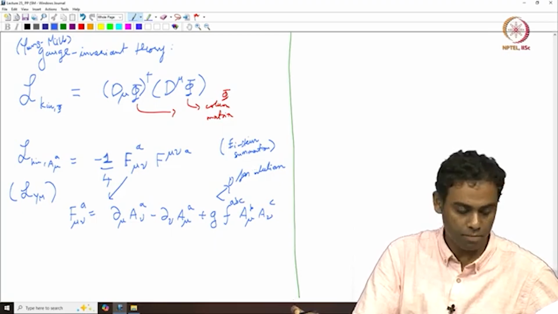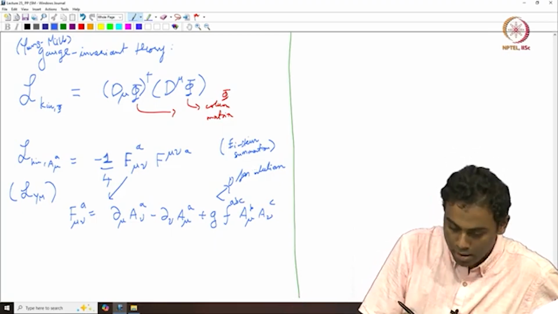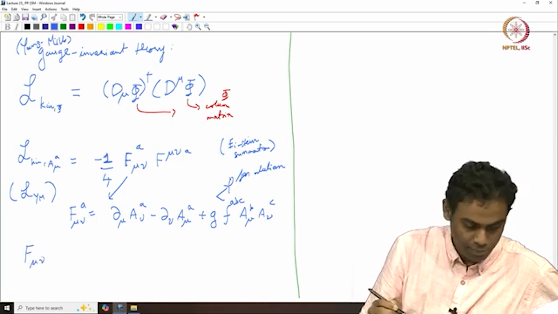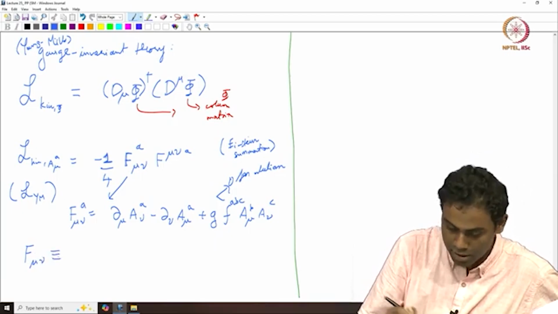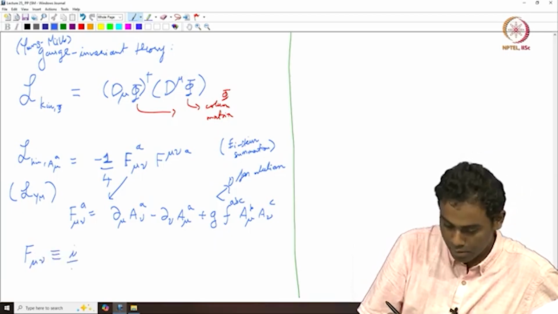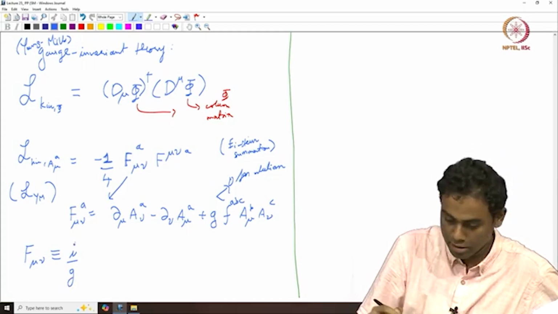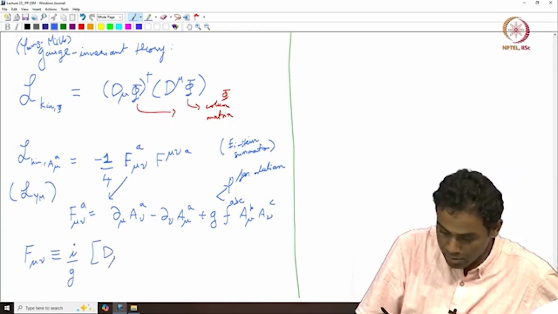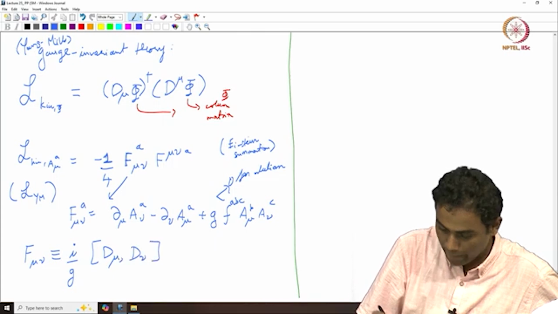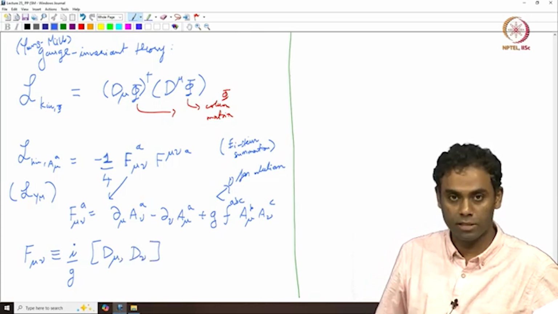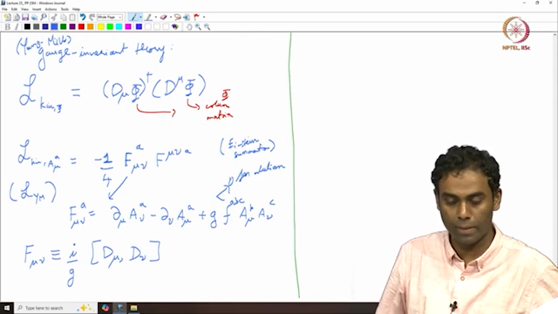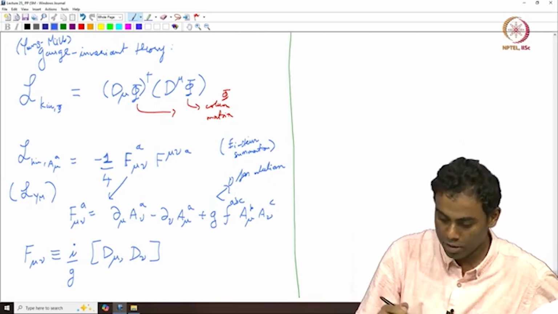So where did this come from? That came from constructing the field strength tensor in terms of the covariant derivatives themselves. Okay. And what is F mu nu here?